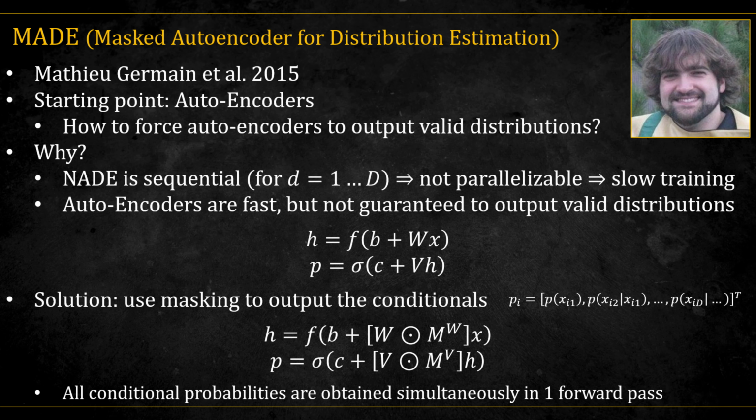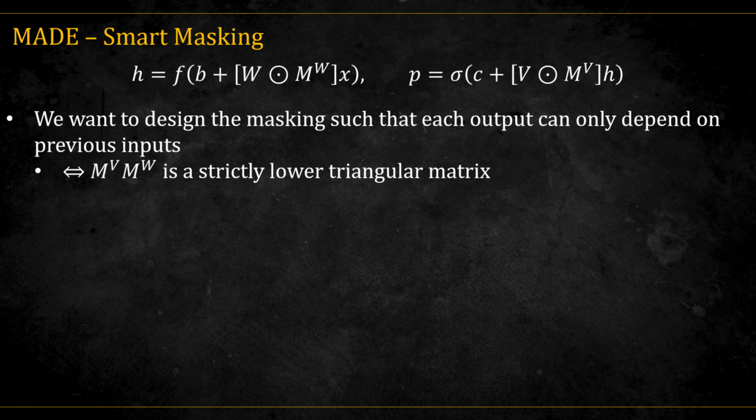And so now, all conditionals can be obtained using a single forward pass, and all gradients with a single backward pass. We want to design the masking such that each output can only depend on previous inputs, and this is only achievable if the product of the two masking matrices produces a strictly lower triangular matrix.